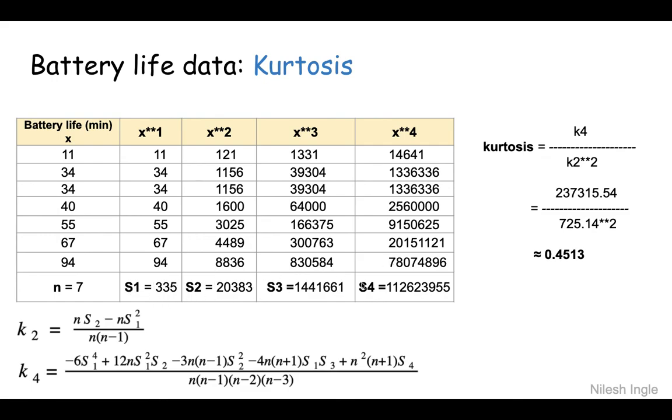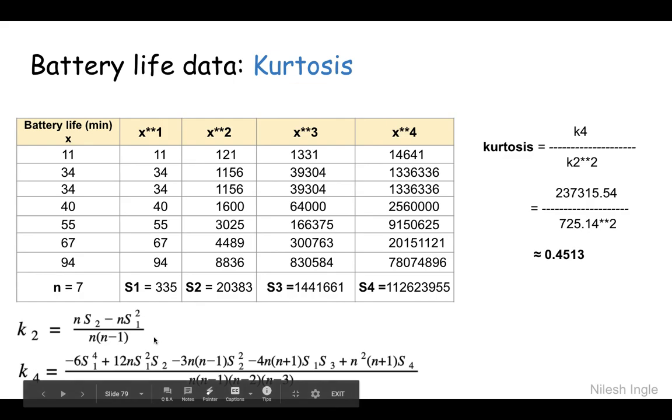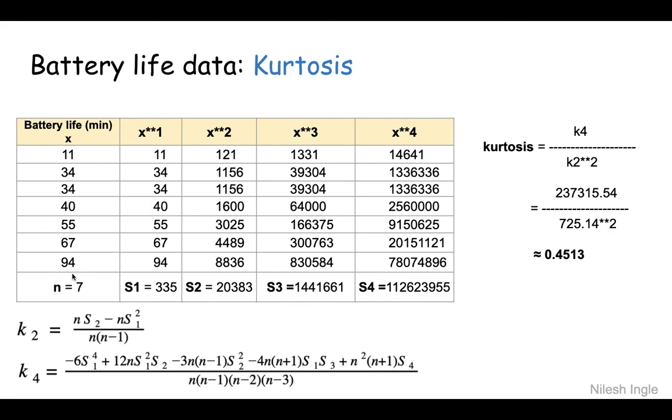Then we take the sum of all those columns, which are s1, s2, s3, s4. Then we put these values of s1, s2, s3 in these formulas below to calculate k2 and k4, where n is 7, which is 7 observations.